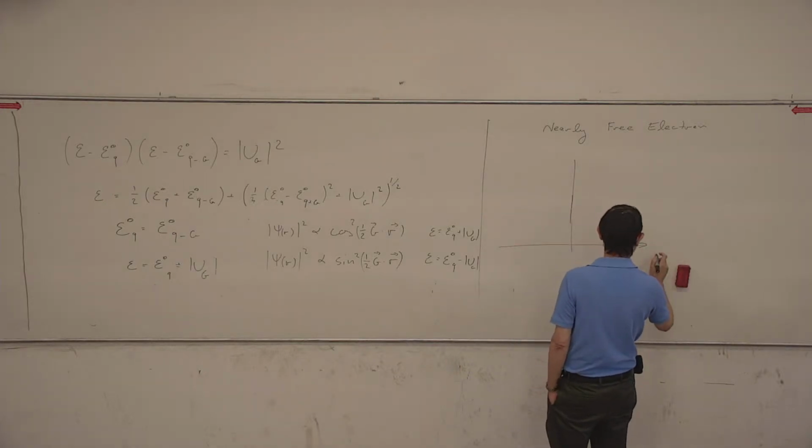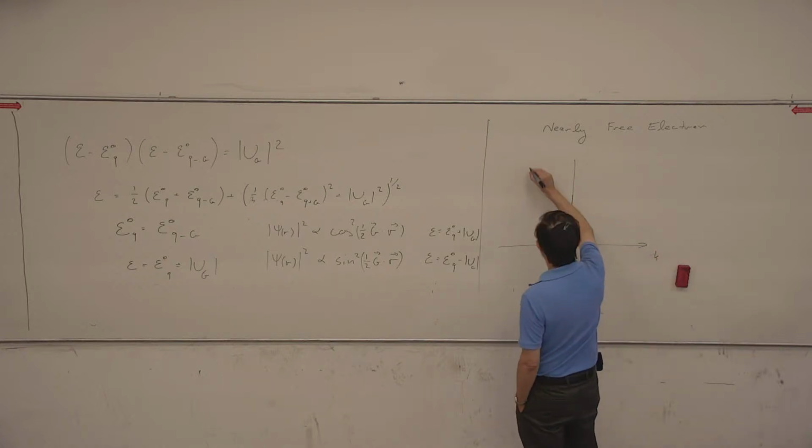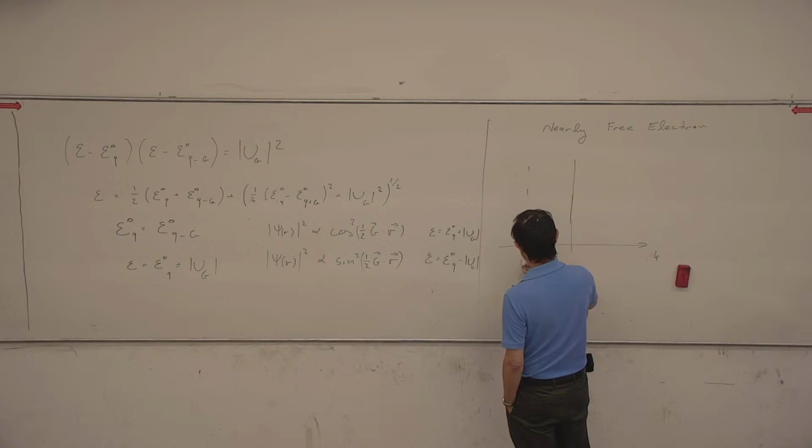Okay, we have k. We have our first Brillouin zone.